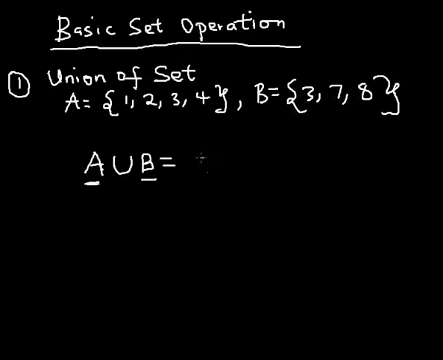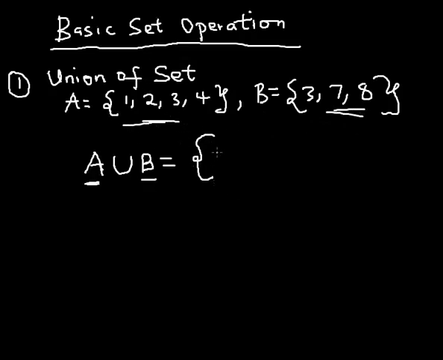So if I'm asked to find A union B, I'm looking for the elements that are either here or here or both. They must be inclusive. So to list out the elements of these two sets, in simple terms the elements of both A and B, I will not repeat any element. So I can go in ascending order.